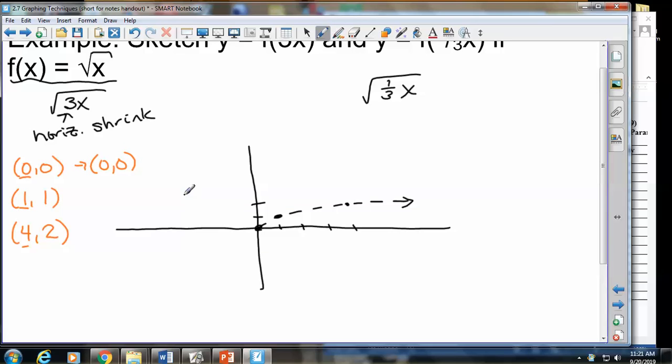So 0 divided by 3 is still 0. So (0, 0) doesn't move. 1 divided by 3 would be (1/3, 1). 4 divided by 3 would be (4/3, 2).